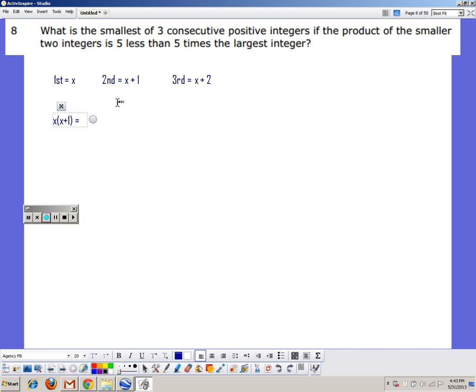Less than, remember, just reverse the order. So it's 5 times the larger integer, which is x plus 2, minus 5. So now all we have to do is simplify. So we have x squared plus x equals 5x plus 10 minus 5.